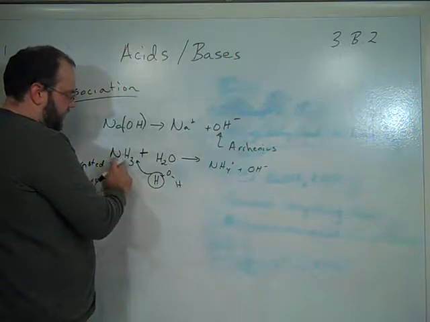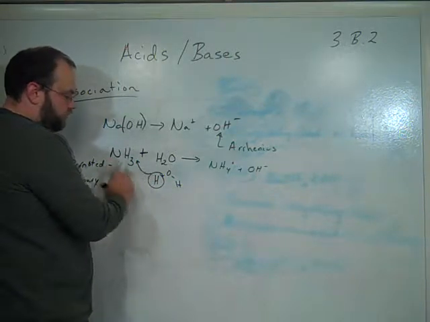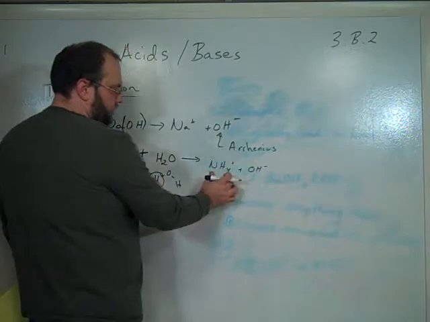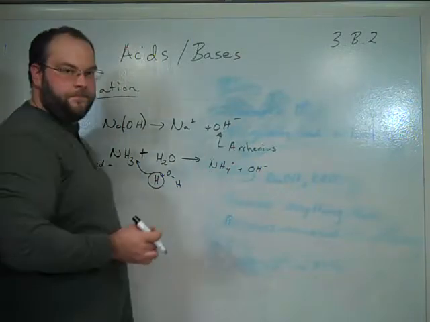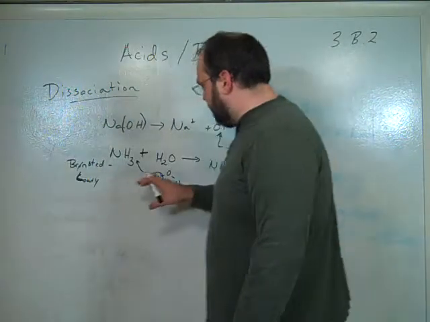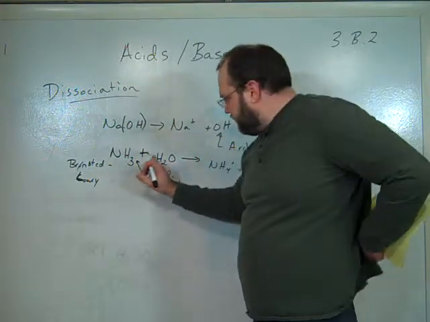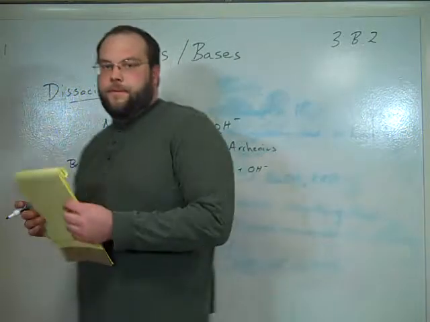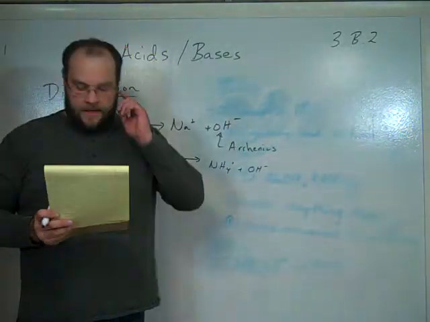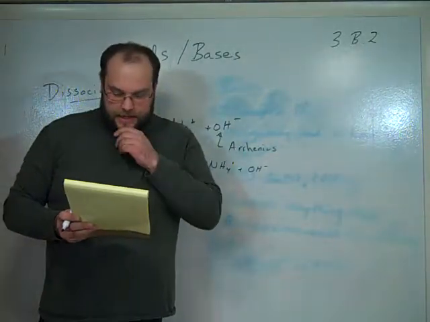So I'm going to be left with NH4, 3 here plus 1, NH4+, and the OH- that's left over. So what's really happening is the Bronsted-Lowry base is taking the hydrogen from water, causing an OH to form. We'll talk much, much more about it.